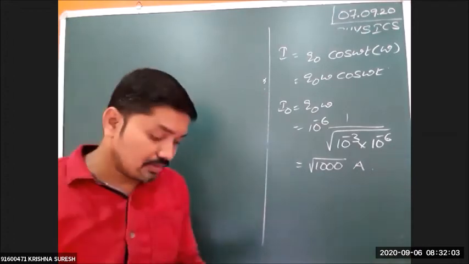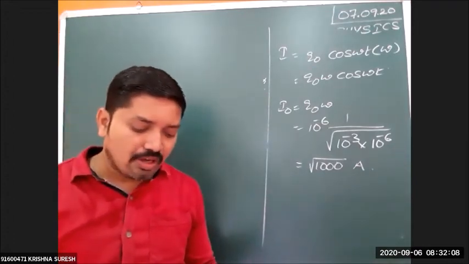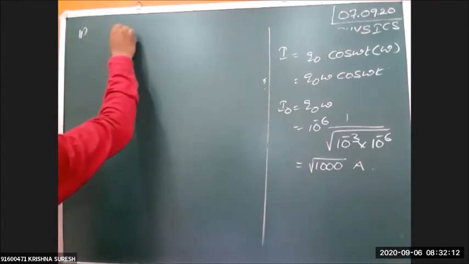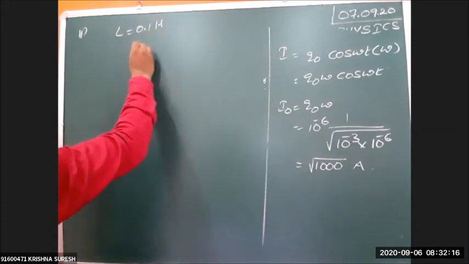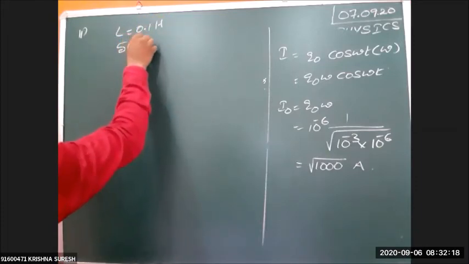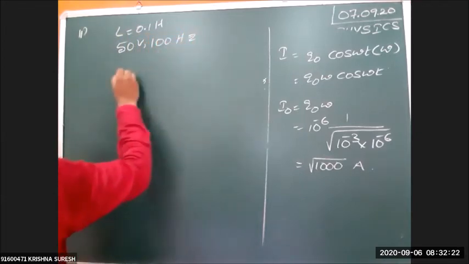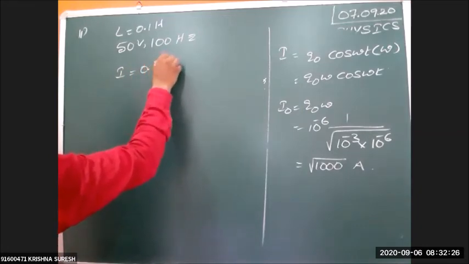Okay. Next, question number 11. A coil of inductance 0.1 Henry is connected to a 50 volts and 100 Hz generator, meaning source. Current is found to be 0.5 amperes.